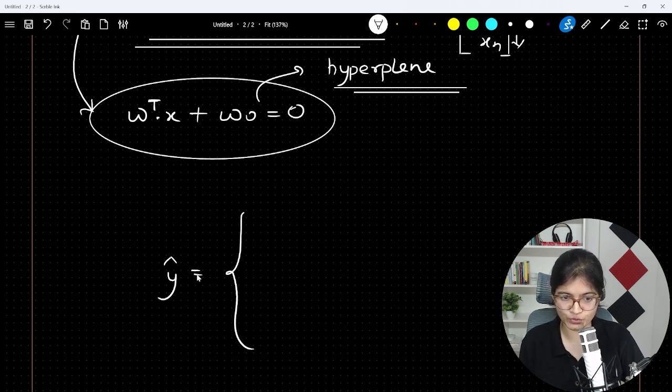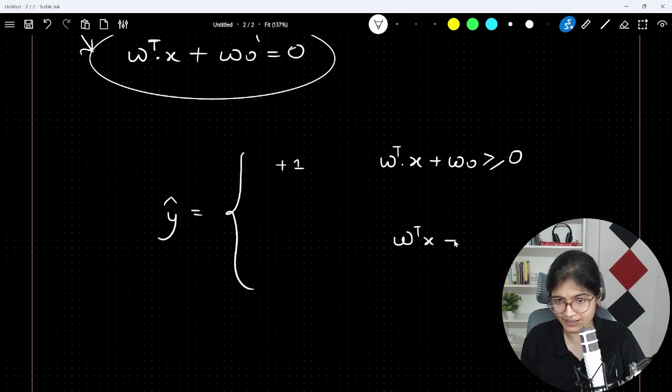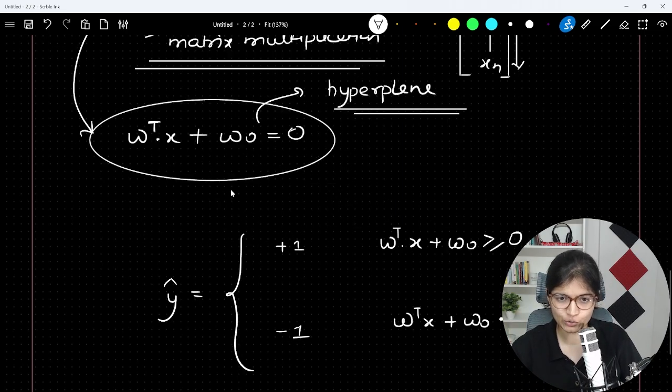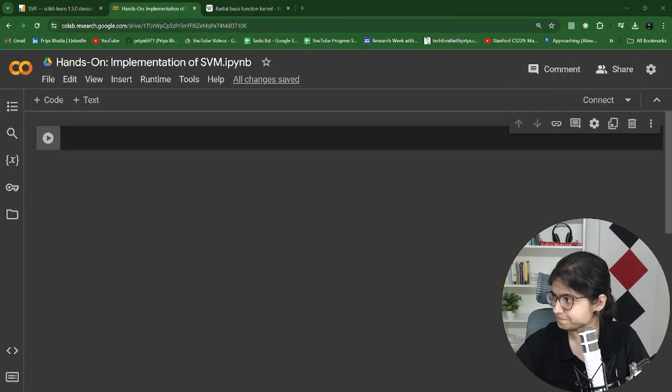I'm saying that it belongs to the positive class if the dot product plus w naught is bigger than or equal to 0. In that case, it will lie above the decision boundary. It's a positive class. And if it is less than that, it belongs to the other class, which is minus 1. And that is how the complete classification of SVM is done. Just wait for a while, let me showcase a few things here.